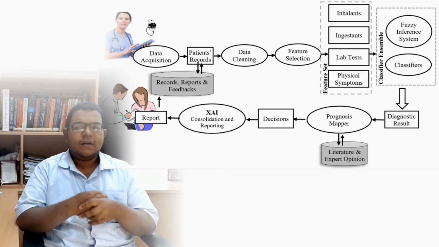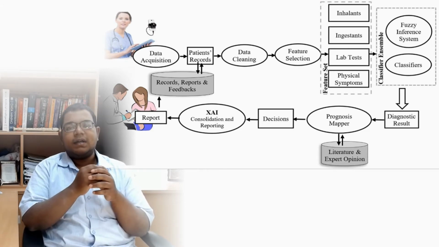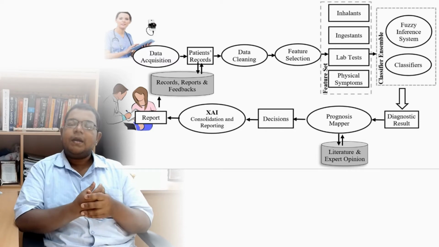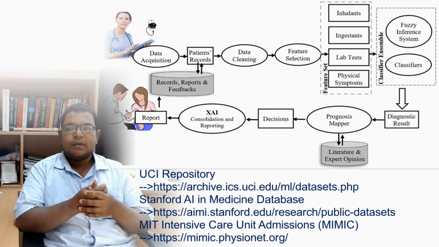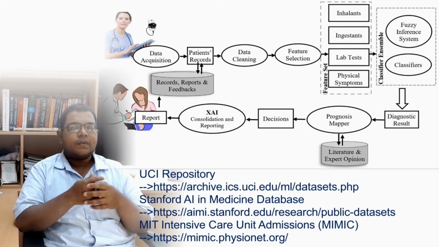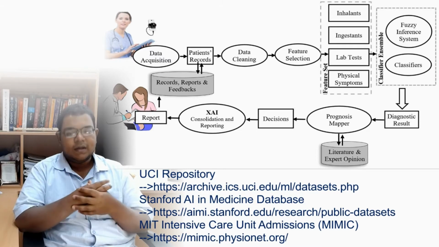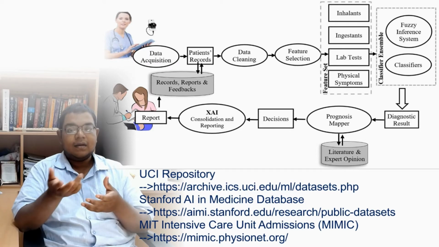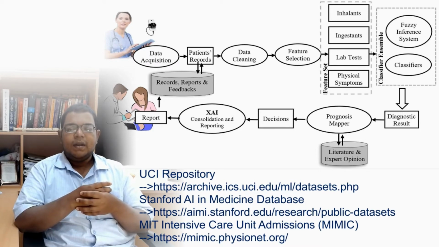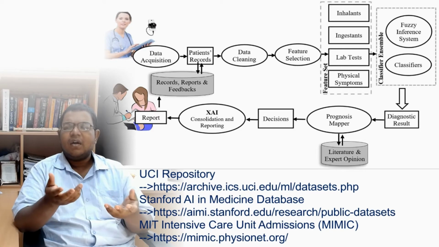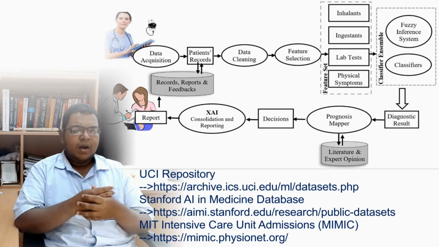So firstly, we get into the data acquisition phase. There are many well-known ML repositories or data repositories such as the University of California, Irvine, UCI dataset, Kiel dataset, Kaggle dataset, OGD, and many other public datasets on respiratory disorders, kidney disorders, lung, liver and heart disease, cancer.